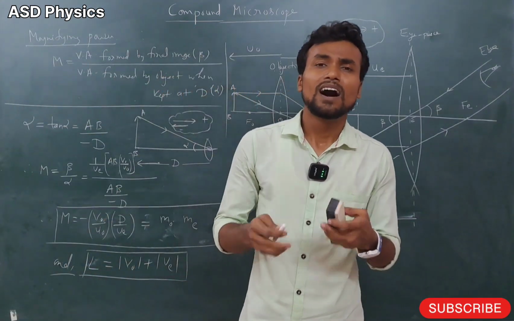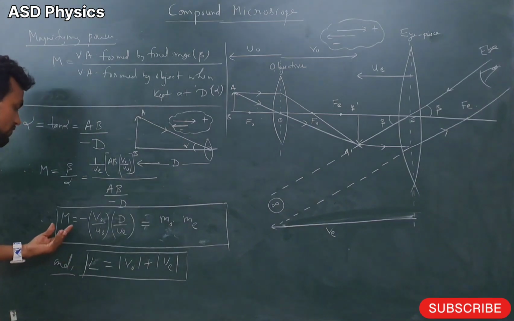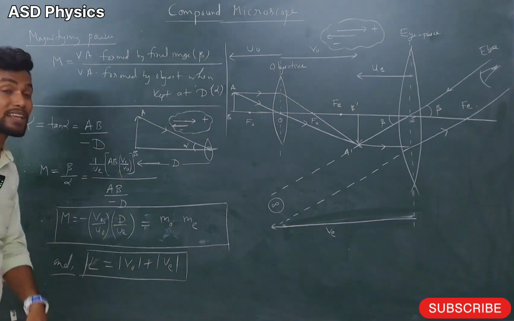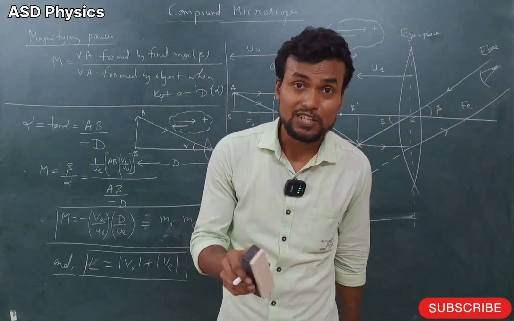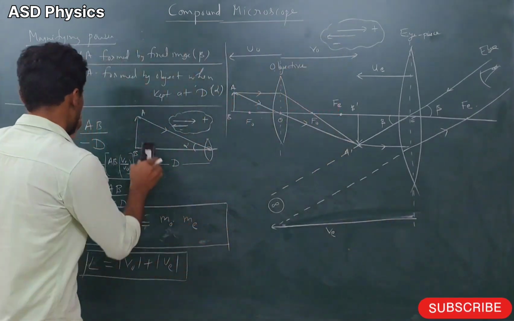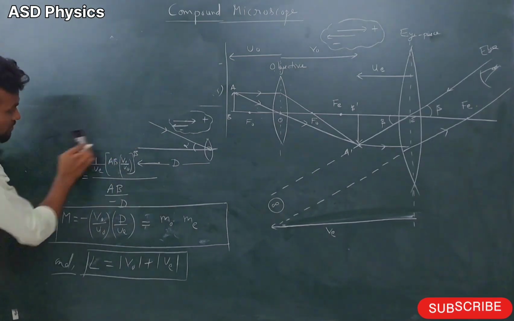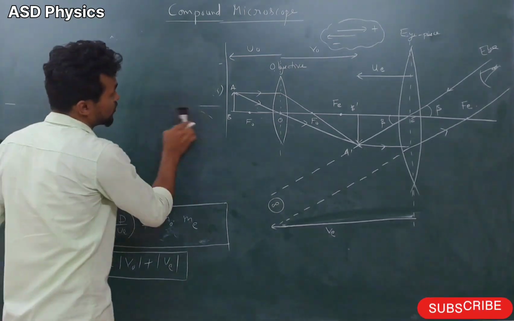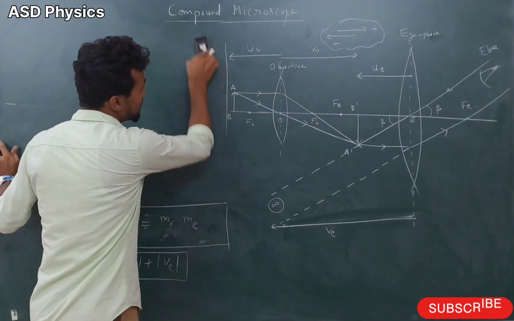Okay my dear students, after that we are just going to find the relation between the magnifying power and length of the telescope, and then after that I have to discuss just two cases. So we'll go ahead now. I will just write here the formula.